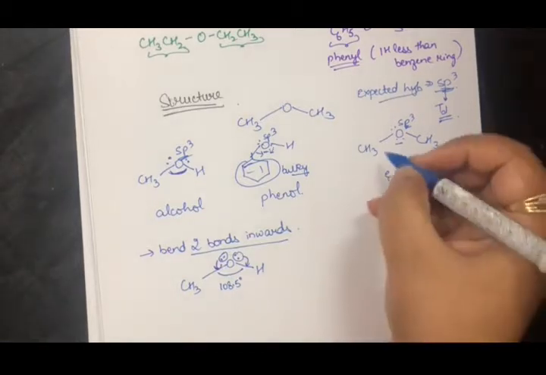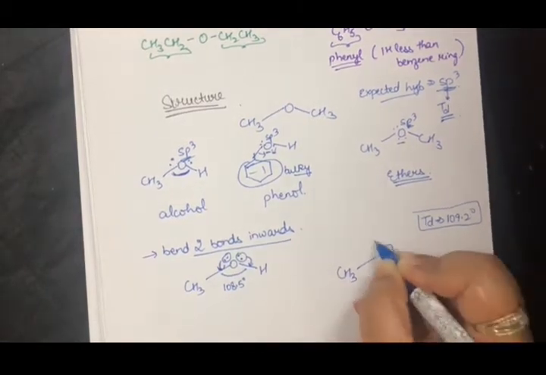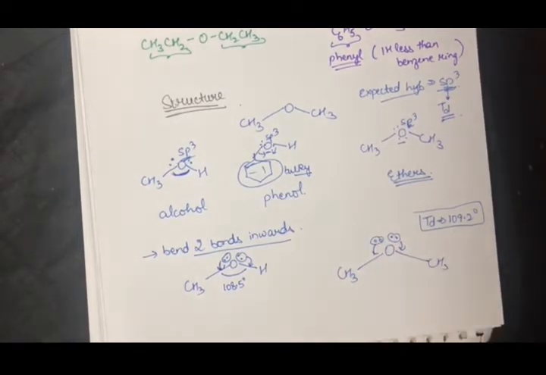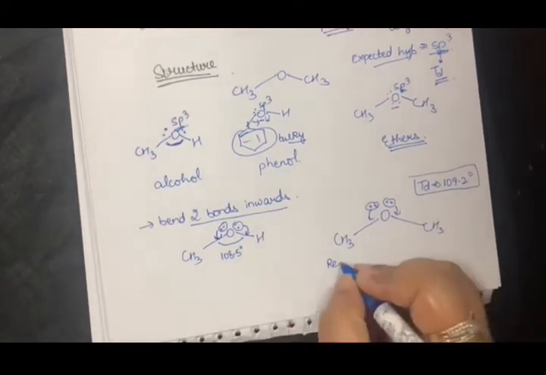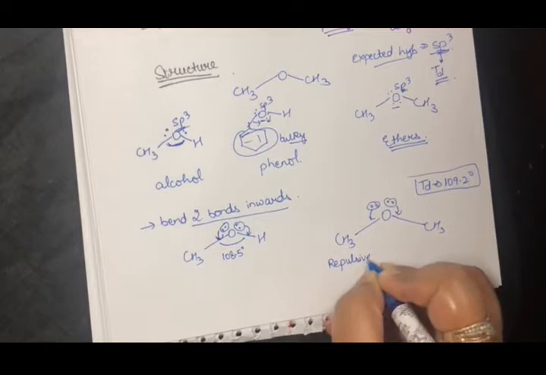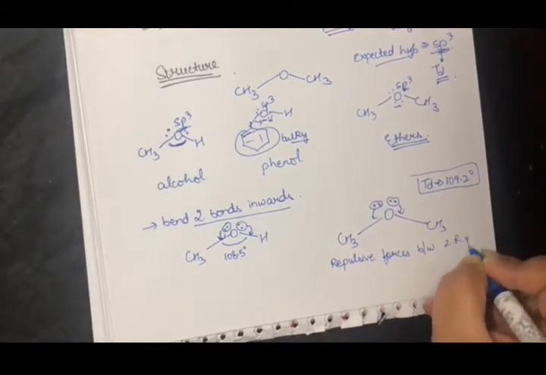In ethers, I'll draw it again. There were two lone pairs here and both were bending the bonds inwards. At the same time, there were repulsive forces between the two R groups.